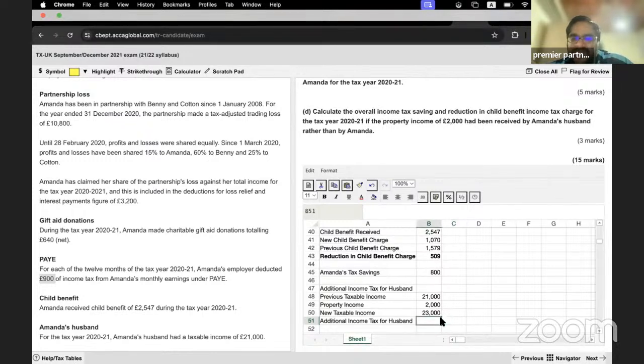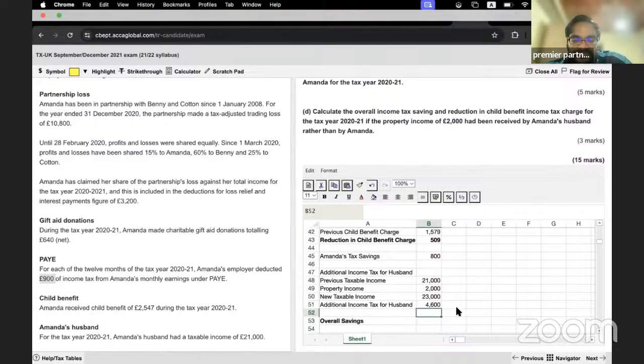So this is below the basic rate band. So I am going to apply the basic rate, 23,000 into 20%, which is 4,600. So this is the new income tax. Do we agree?